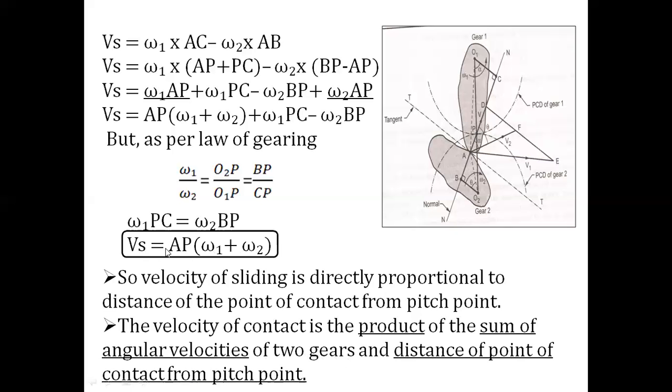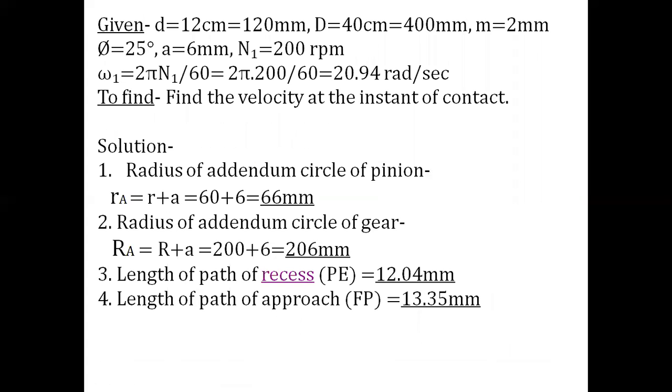So velocity of sliding will be AP into the sum of angular velocities. Clear?